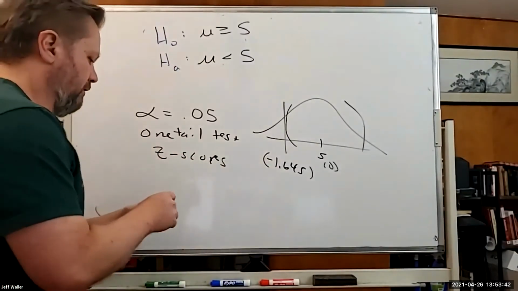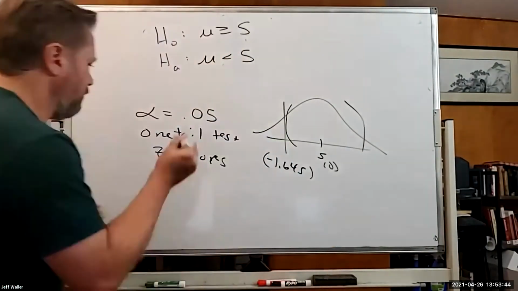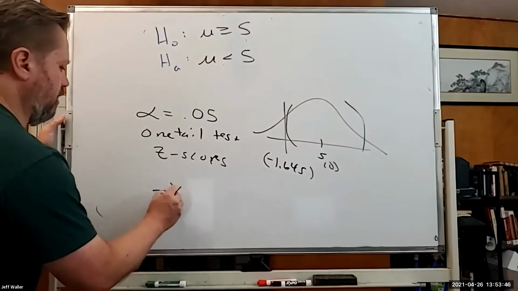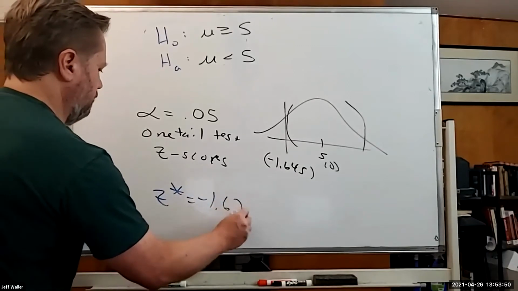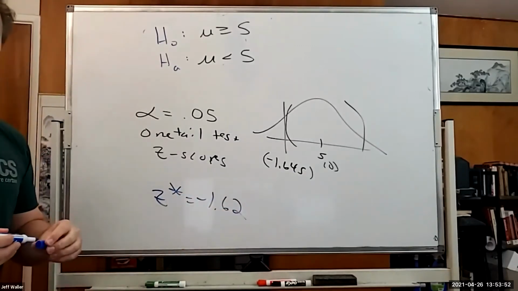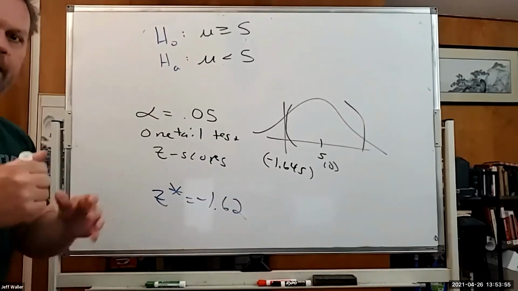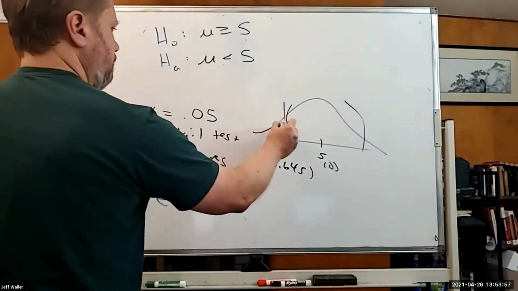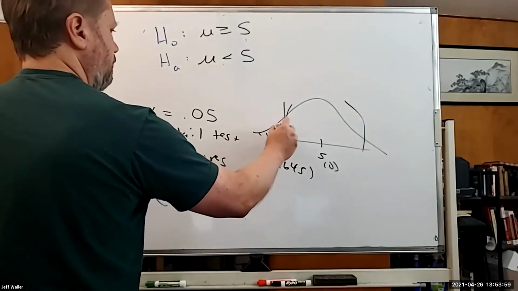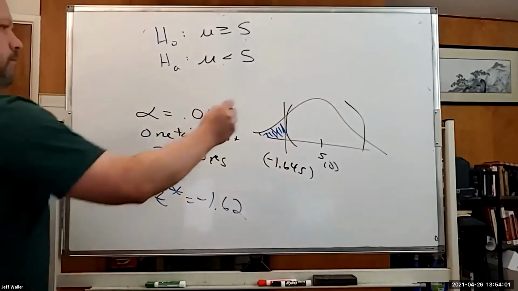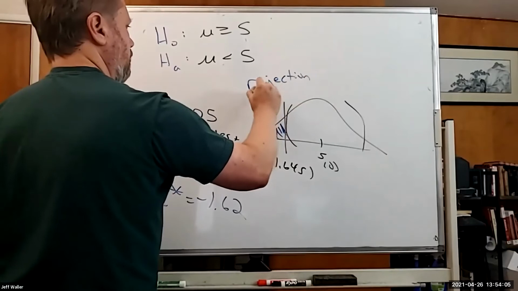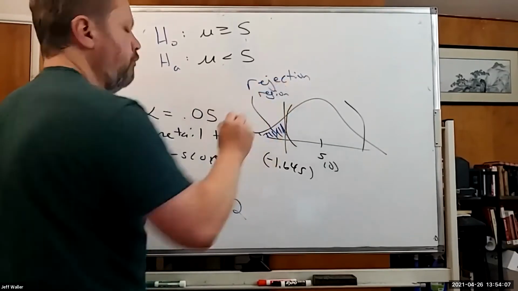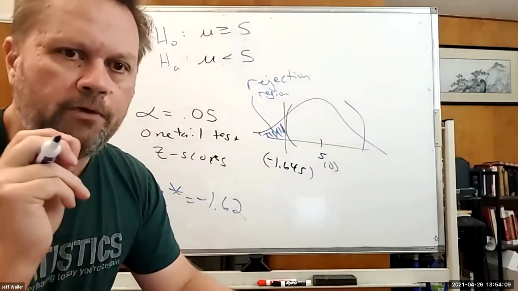Now, if we calculate a z star, let's say that we get a z star of negative 1.62. Did we make it into the rejection region? Real quick, before you answer that question, why do we call it the rejection region?